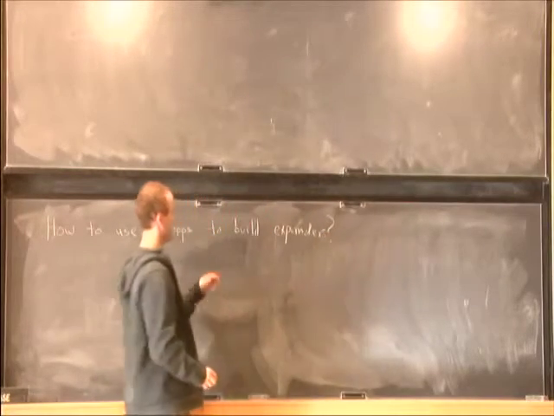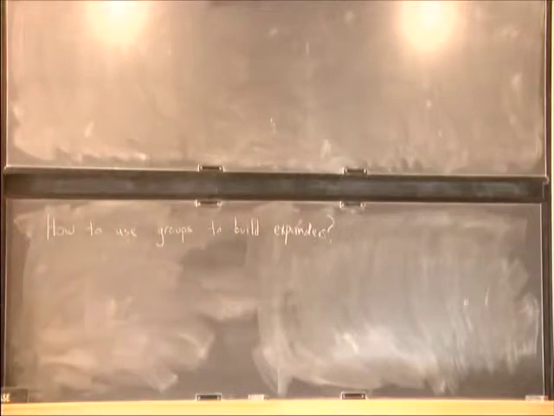First, I will start with a very brief definition of expanders. I guess all of you know them, but just to have some common language. And then we'll discuss how to use groups in general to define graphs. This is something all of you also know, I guess. And then we'll be a bit more specific.